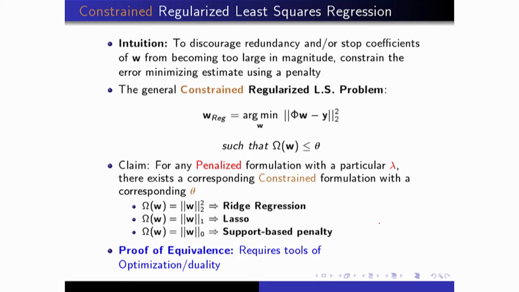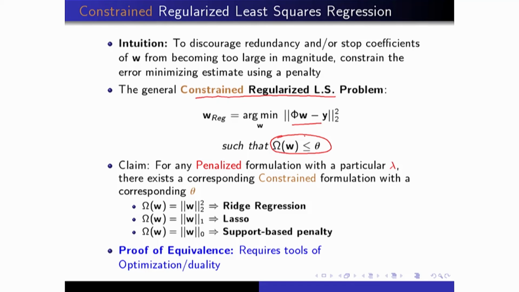It turns out that you could also express the same solution in a slightly different form, called the constrained regularized least squares problem, where you have the least squares objective as before, but you embed your regularization into the constraint, and the constraint says that omega(w) should be less than or equal to theta.